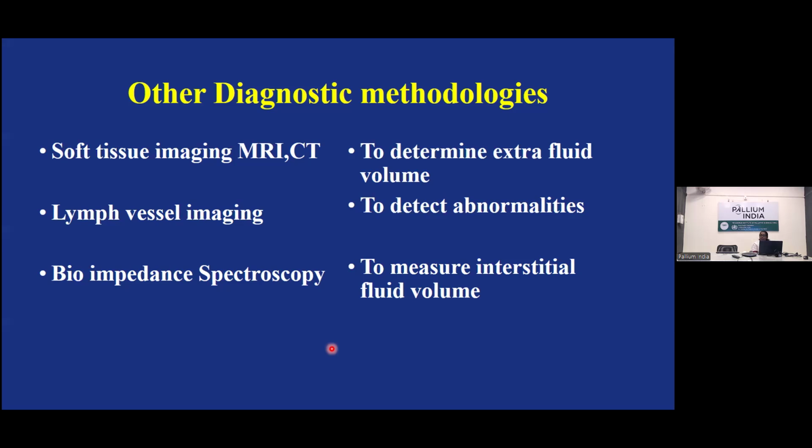As I mentioned earlier, primary lymphedema is due to congenital abnormalities. Clear? If there are any congenital abnormalities, we need to find out the cause, and for that you can do these investigations. But for palliative care patients, for a cancer patient, there is no need to do these investigations or spend money on these procedures.